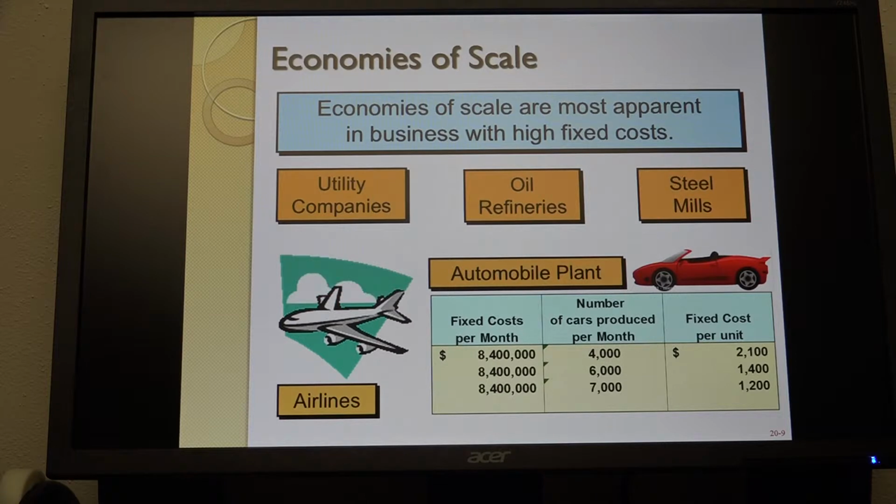Again, within a relevant range, obviously, there has to be demand there, because if there's not demand, it's just these items that they make are just going to sit and gather dust. So just realize that.